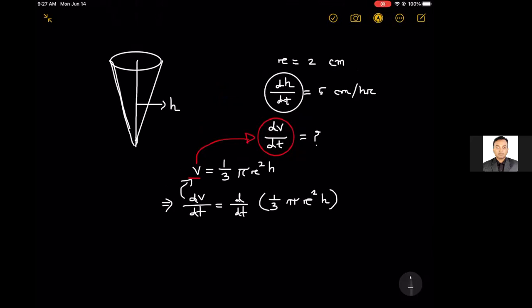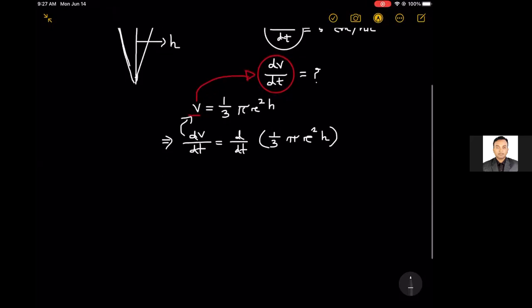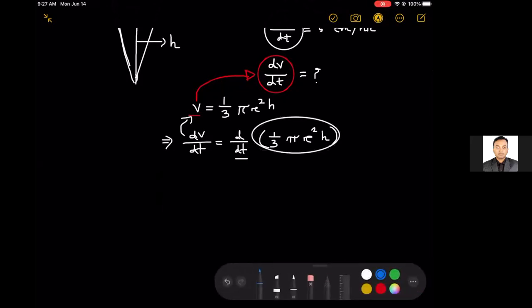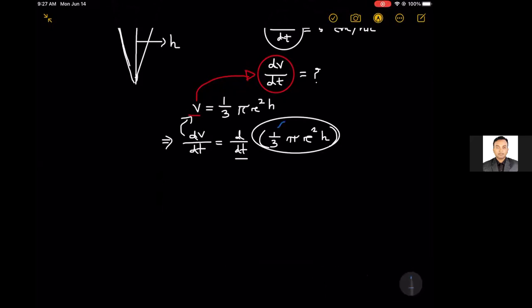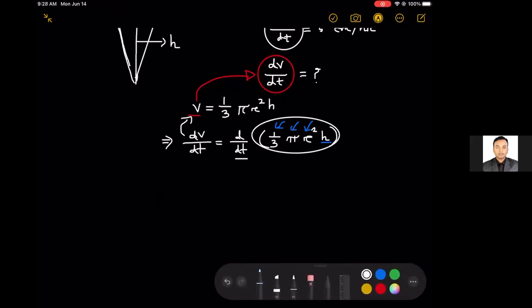And I have fixed this r, so that means it's not really changing, or in other words, it's a constant on this particular problem. So if I find the derivative of this thing, my assumption would say, since these are all constants, right, I'll have a dh dt for this h. We're actually going to that in the next line.